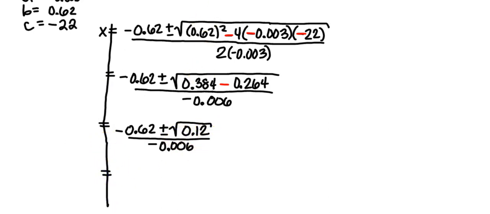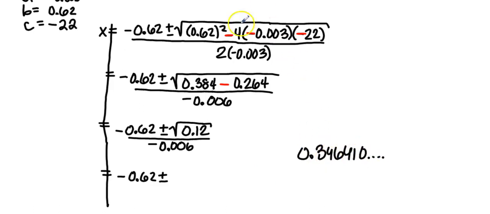I can now take the square roots. So let's take the square root of 0.12, and let's see what you got. When I do that in my calculator, this front part stays negative 0.62. When I took the square root, I got 0.3464, and so on. I get 0.346410.